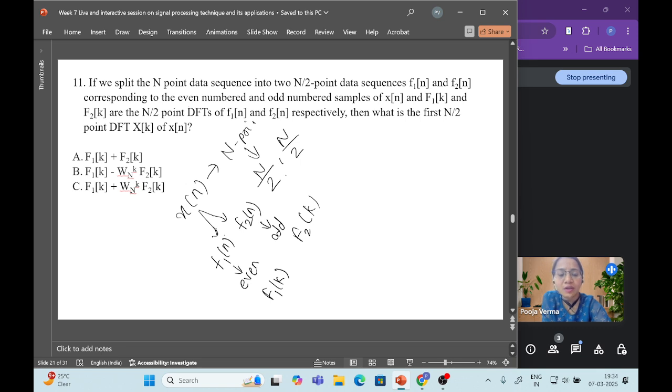Then what is the N-point DFT of x(n)? So what will be this DFT? Here already told you that it is divided into two parts.